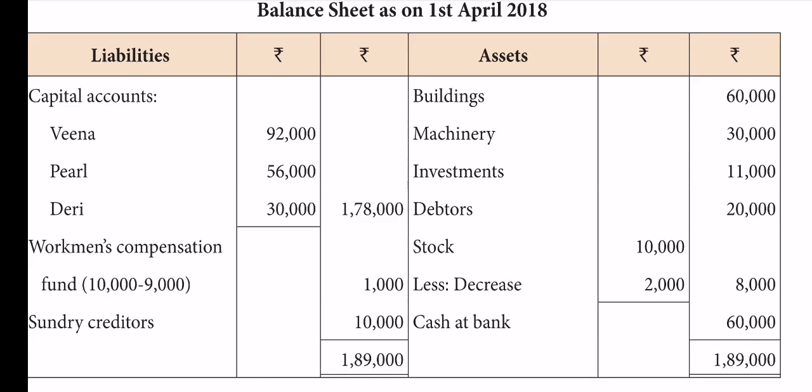If you balance this balance sheet, you get both sides 178 plus 10 plus 1, 189. Similarly here also 60 plus 30, 90 plus 11, 101 plus 20, 121, 121 plus 8, 129 plus 60, 189, both sides. Good, both sides we got the same answer.